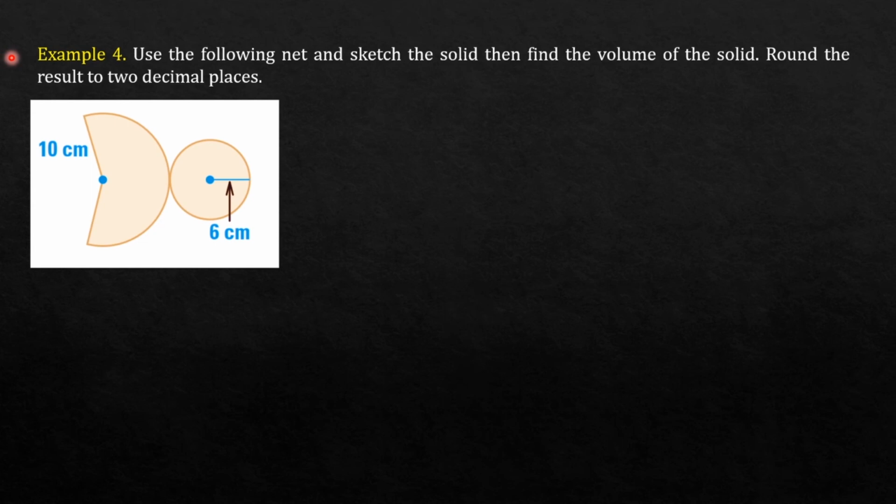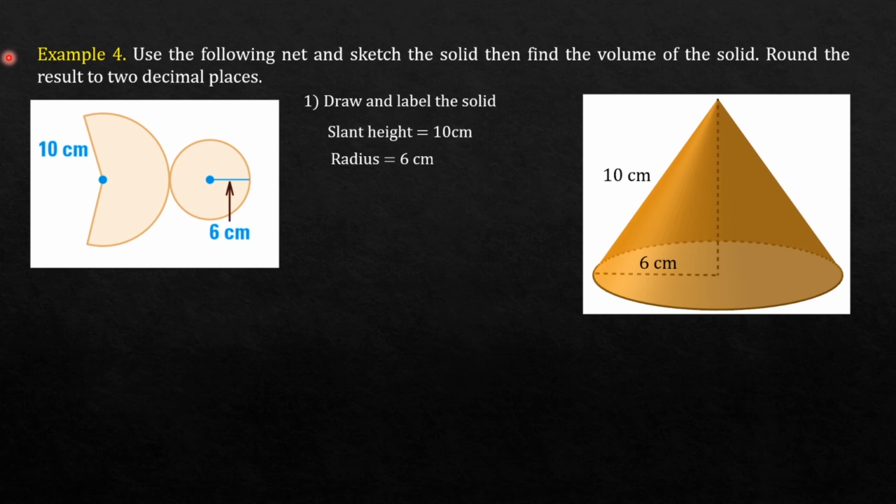In example 4, use the following net and sketch the solid, then find the volume of the solid. Round the result to 2 decimal places. The first thing we do is convert this net into a solid. The slant height is shown in this picture as 10 centimeters, and that's drawn as the slant height in the solid.